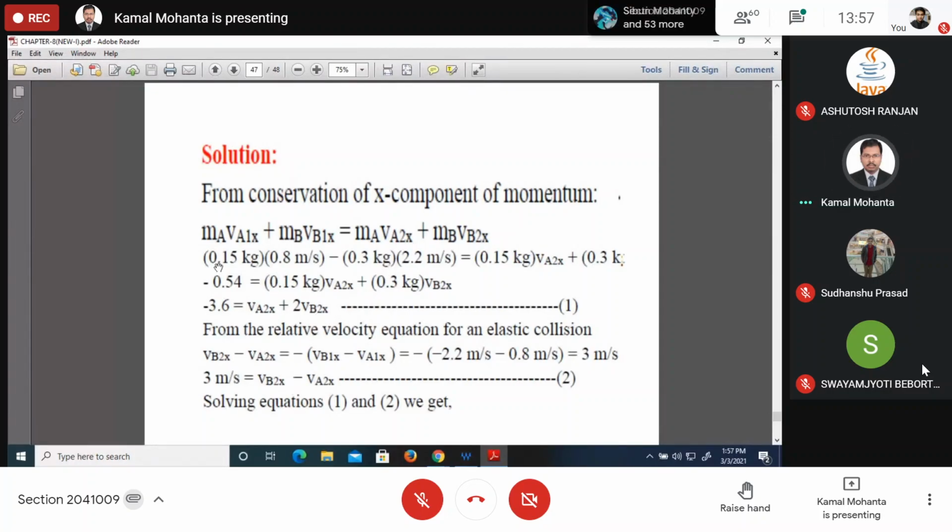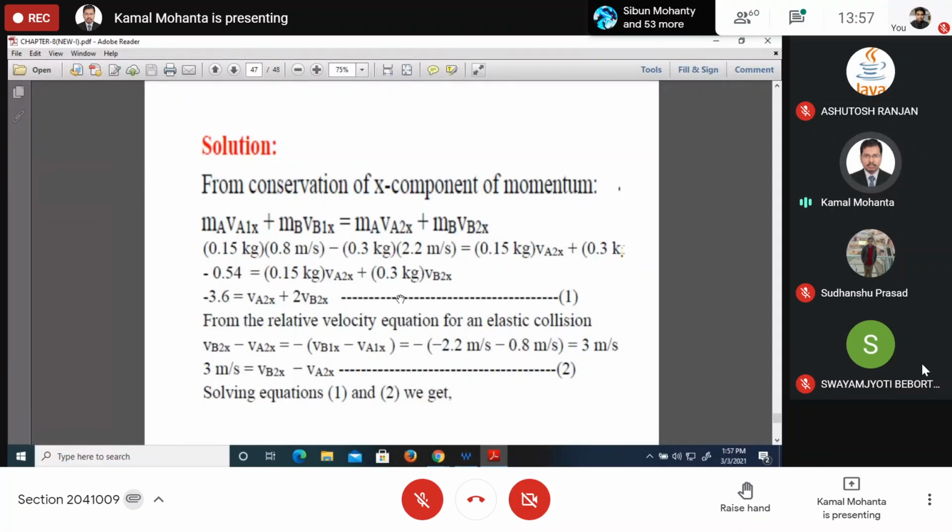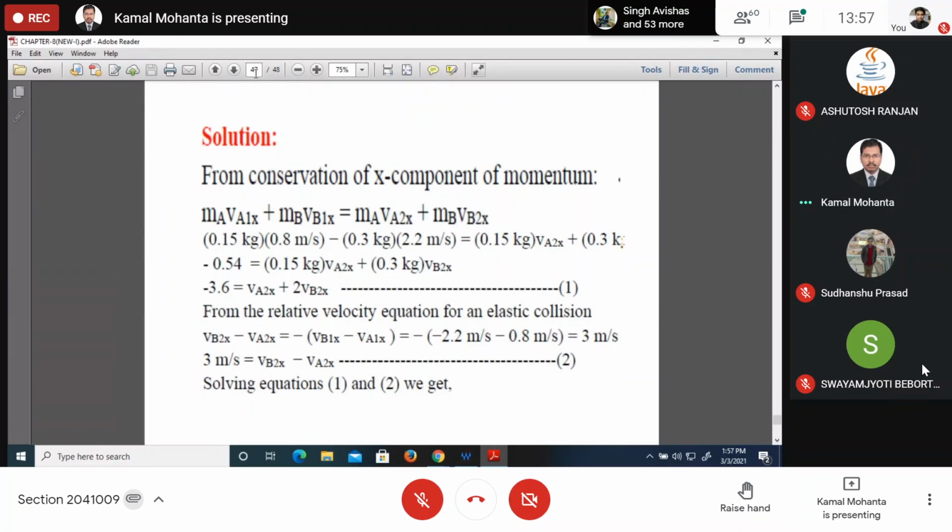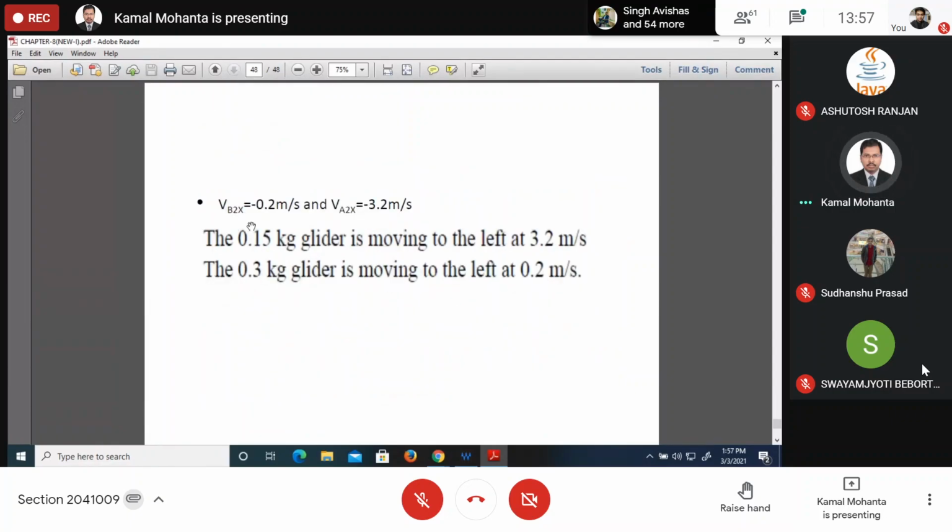So you have to solve these two equations. By solving them, you will get VB2x as minus 0.2 meter per second, and VA2x as minus 3.2 meter per second.